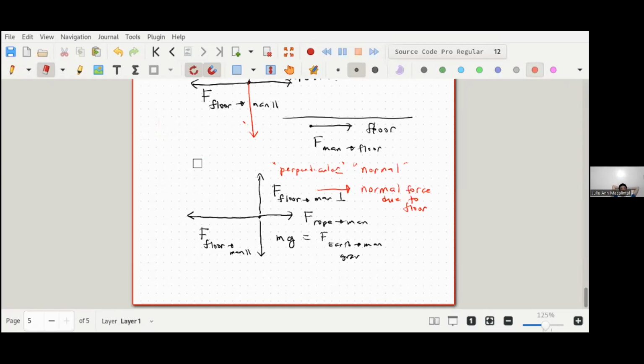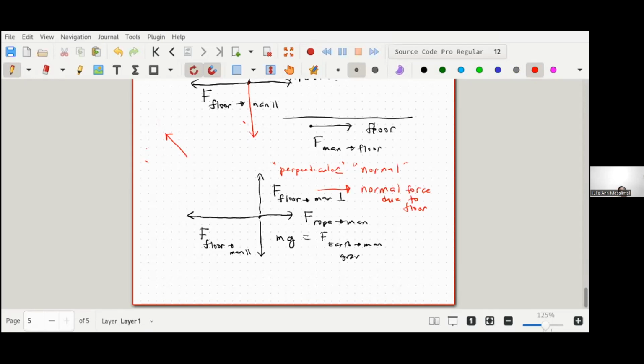Actually, pwede kasing if the man is not pushing directly to the right, it's possible for the man to be pushing slightly upward. So, ang normal dun po, yung perpendicular pa rin doon sa wall. Is the force perpendicular to the wall.